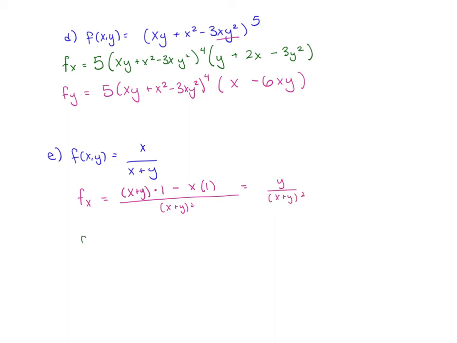For the partial with respect to y, same thing, low d high, but now the derivative of x with respect to y is 0, because x is a constant with respect to y, minus high d low, 1, all over the denominator squared, so I end up with negative x over x plus y quantity squared.